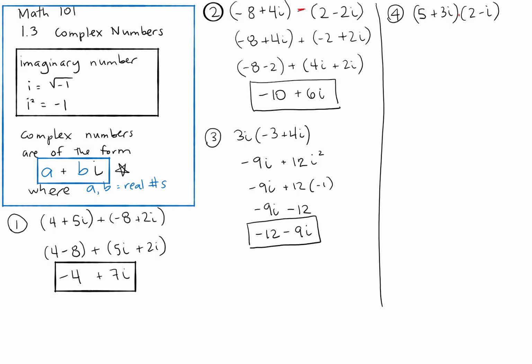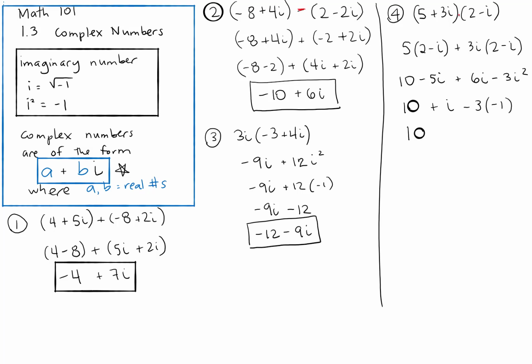And we're going to multiply component-wise. So you're going to get 5 times 2 minus i plus 3i times 2 minus i. Here we get 10 minus 5i plus 6i minus 3i squared. That's 10 plus i minus 3i squared, and i squared turns into negative 1.